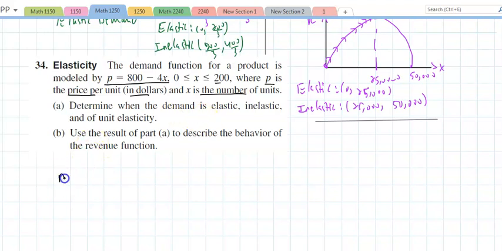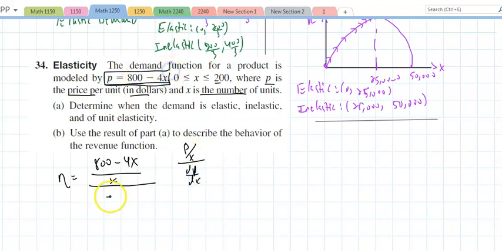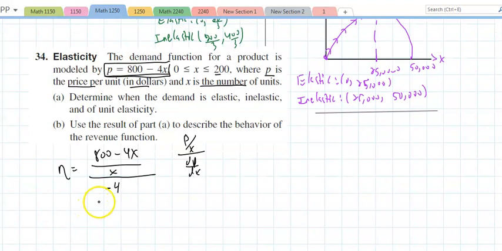Well, let's see. Tau is p over x over dp dx, the derivative of this, where p is 800 minus 4x divided by x. The derivative of this is negative 4. If I play with this, this is going to equal 800 minus 4x over x.